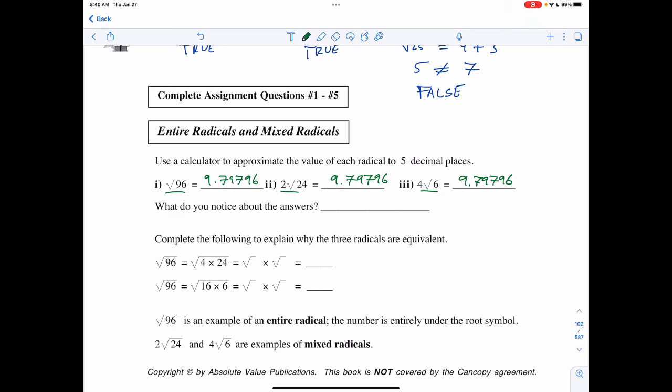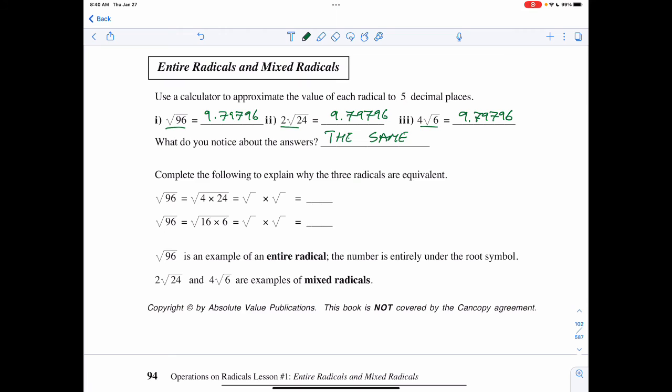What do you notice about all the answers? They are all equivalent, or they are all the same. If the answers are all the same, then that means they have to be equivalent numbers. So why are they equivalent? Well, we already said that if we divide or multiply radicands, it's the same as dividing or multiplying the radicals.